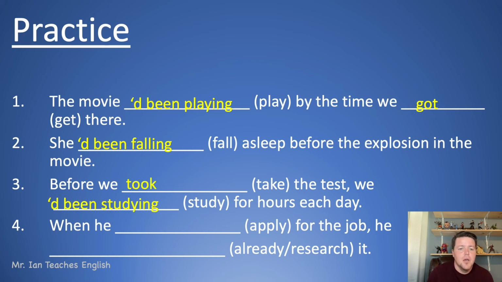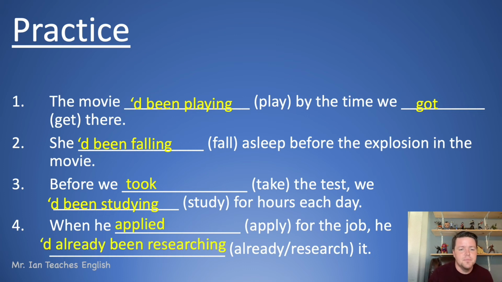Number 3, before we took the test, we'd been studying for hours each day. All right. So have a look here. Notice we took the test. That is our past time marker. But what happened before that and continuing up to that point? We'd been studying for hours each day. And again, that's a good example there of not something that is continuously happening, but something that sort of repeated for hours each day.